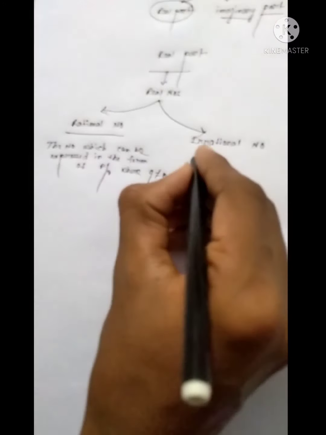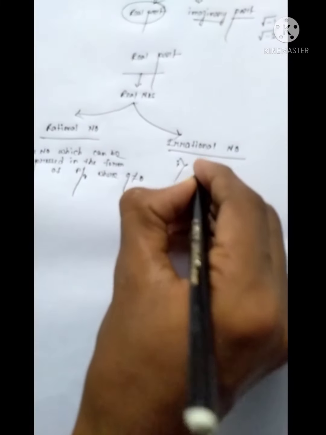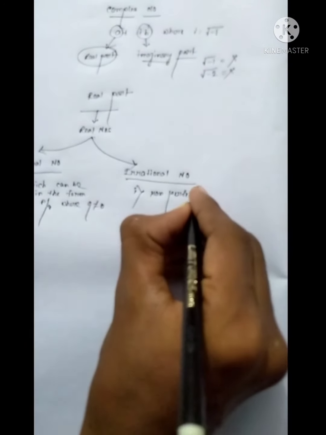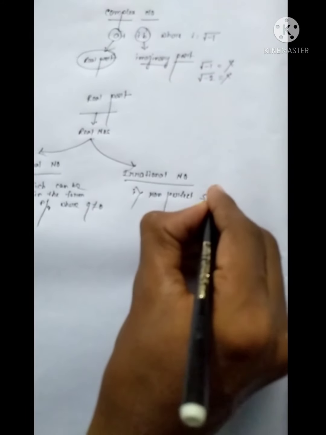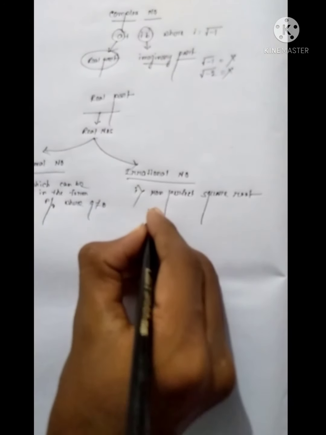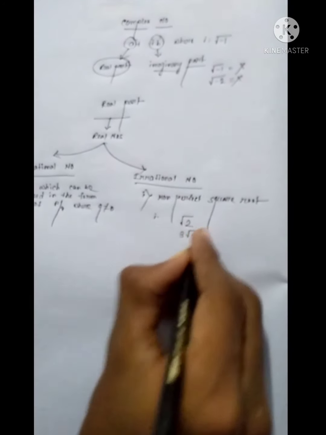Now going to irrational number, অপরিমেয় সংখ্যা. What is irrational number? Non-perfect square root. That means root over 2, 3 plus root 5. All these are non-perfect square roots.